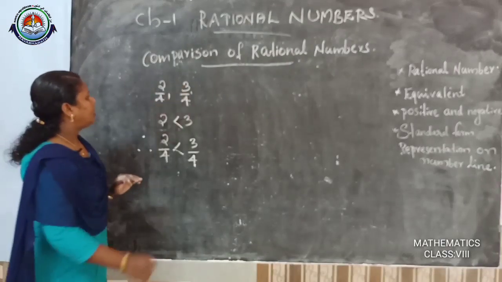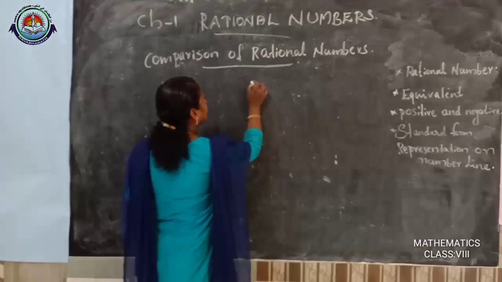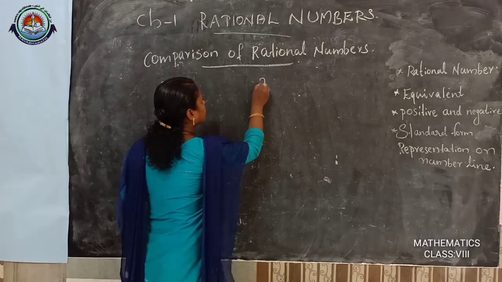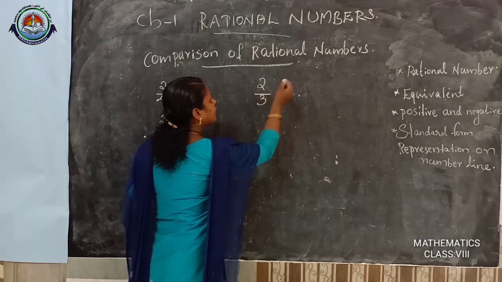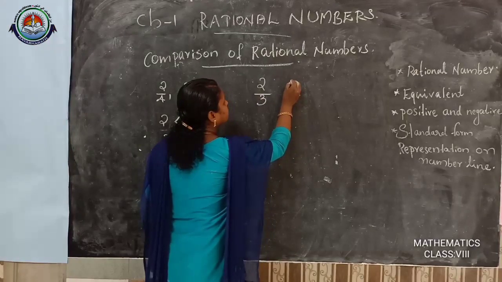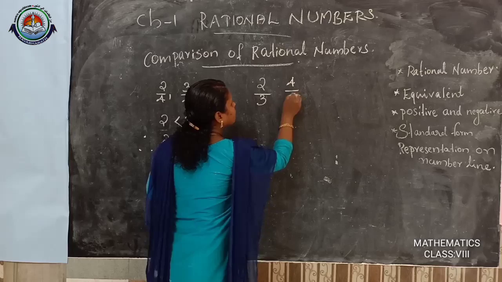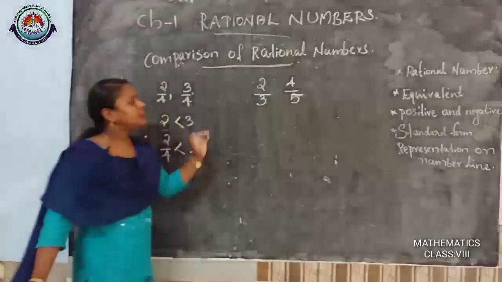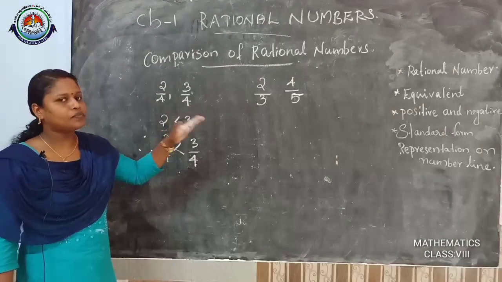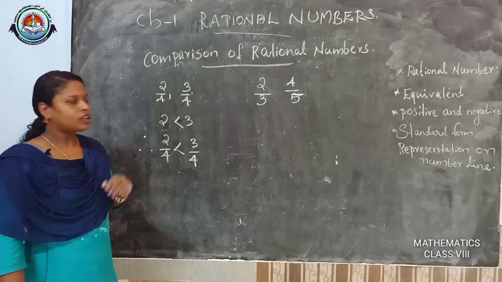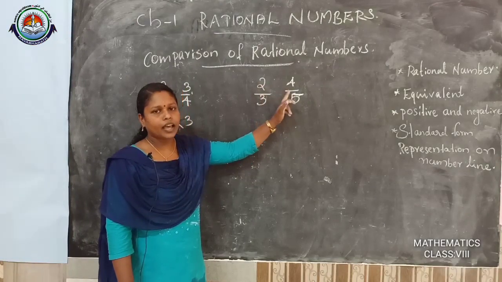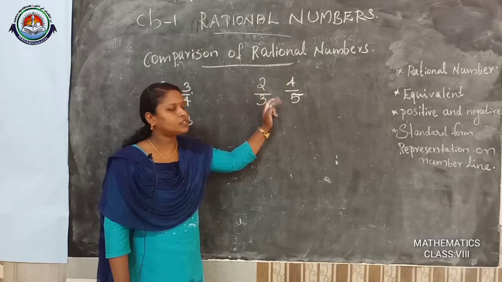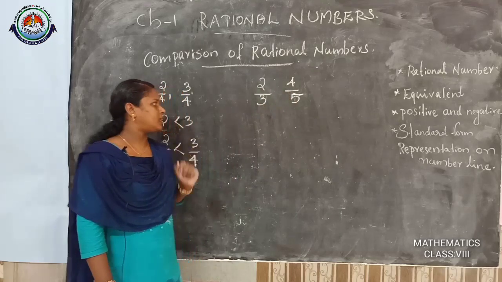Okay. And if different denominators, suppose it is 2 by 3 and 4 by 5. Here the denominators are different. Then what will you do? First we need to rewrite the rational numbers with common denominators.